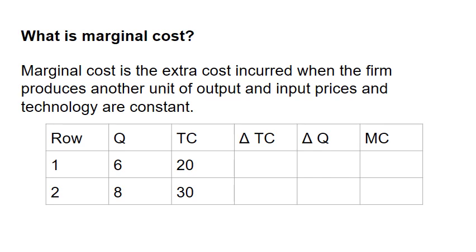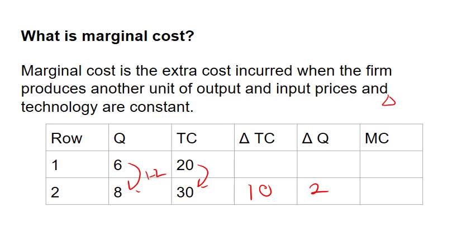Marginal cost is the extra cost incurred when the firm produces another unit of output, and input prices and technology are constant. Let's walk through an example. Here we have a firm that increases output by 2, and as a result, total cost goes up from 20 to 30. So the change in total cost is $10. The change in quantity is 2.